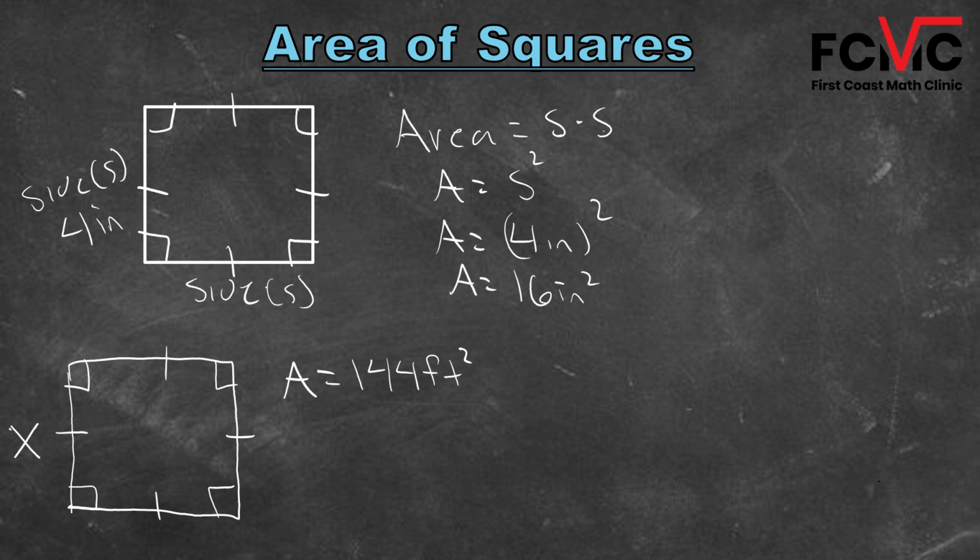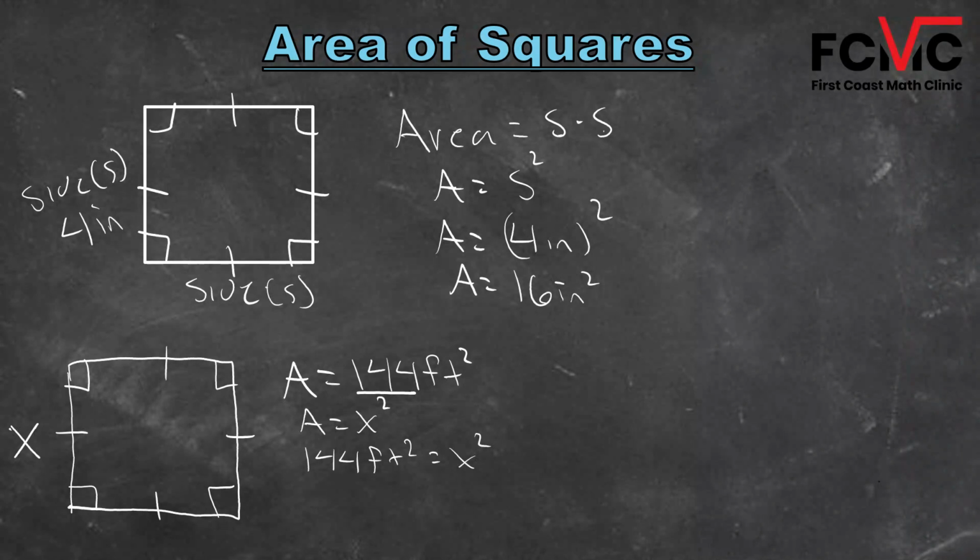So how are we going to figure out X? Well, we know our area is side squared, or just X squared in this case. Area is 144, so we've got 144 feet squared equals X squared.